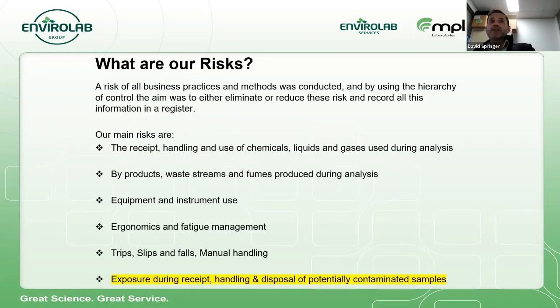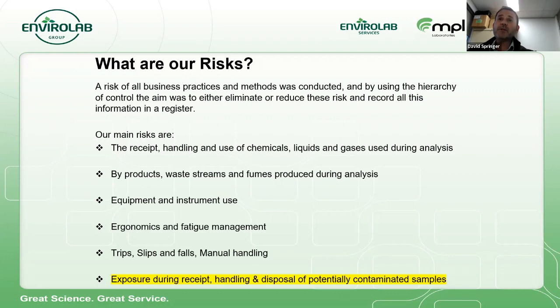So our risks are pretty much the same as would be coming up in pretty much all labs, same as schools or commercial labs. The chemicals, the acids we use, any of the byproducts, the fumes from analysis. We do a lot of aqua regia, metal digestion, so a lot of nitric fumes.